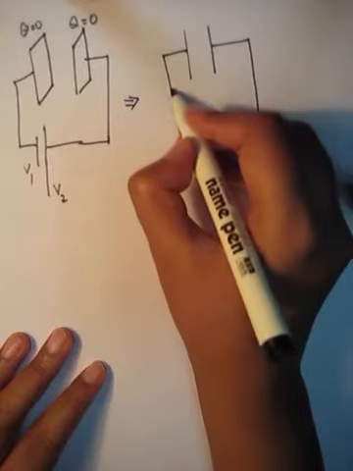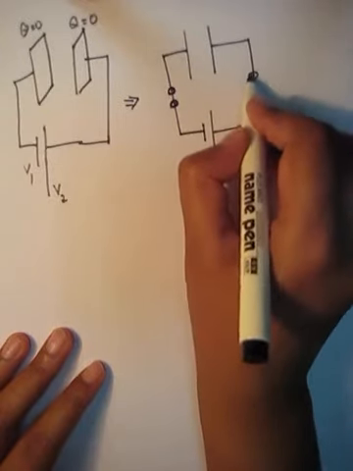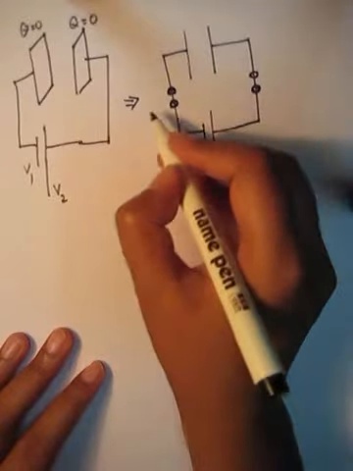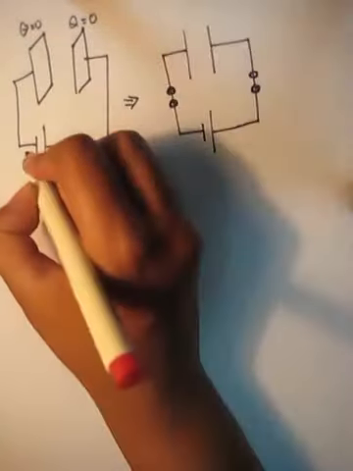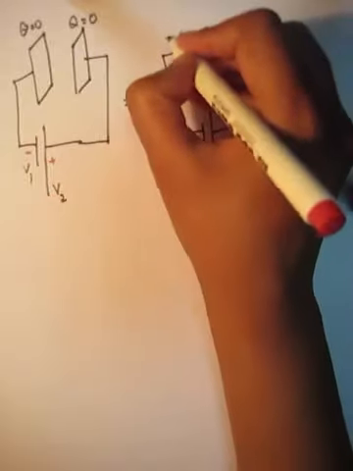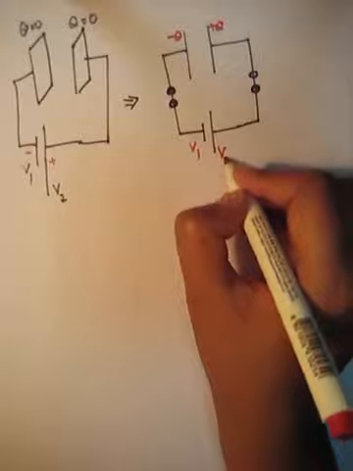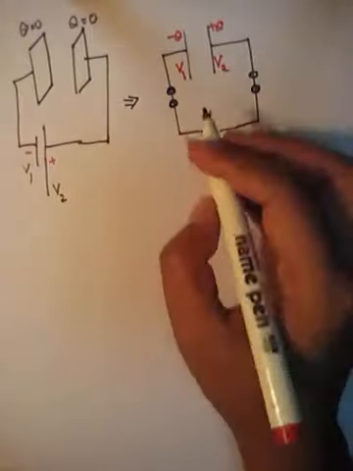So let me just use a switch here. So these are two switches. If the switches are closed, then suppose it's negative and it's positive, we gain a minus q charge, we gain plus q charge, and it will gain a potential of V1, it will gain a potential of V2.